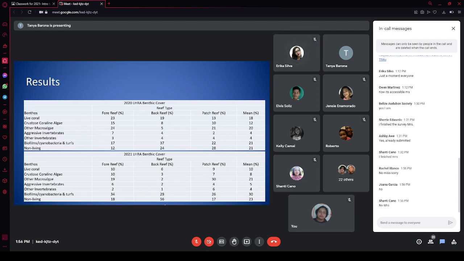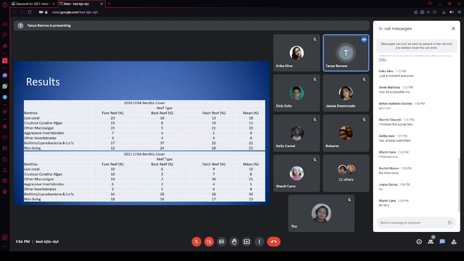Okay. All right. So to end off this presentation, I just want to share with you some results of data that we collected last year on corals and data that we collected this year at the same site on corals again.